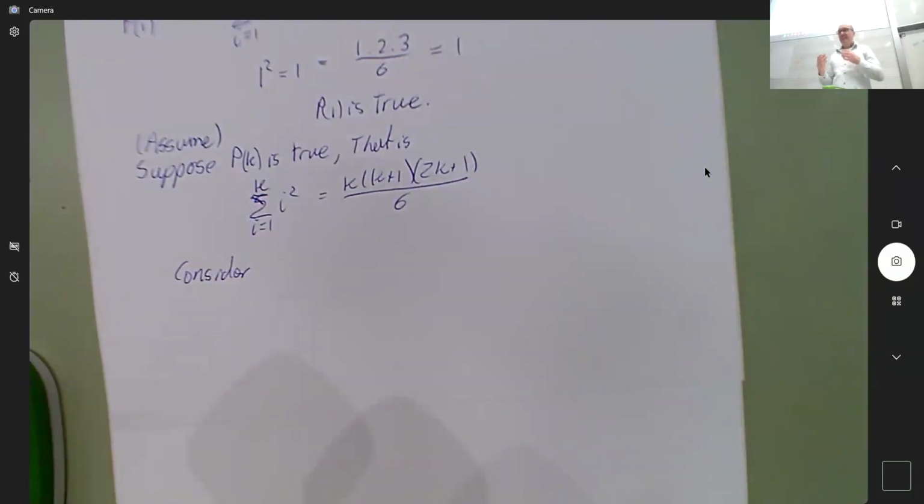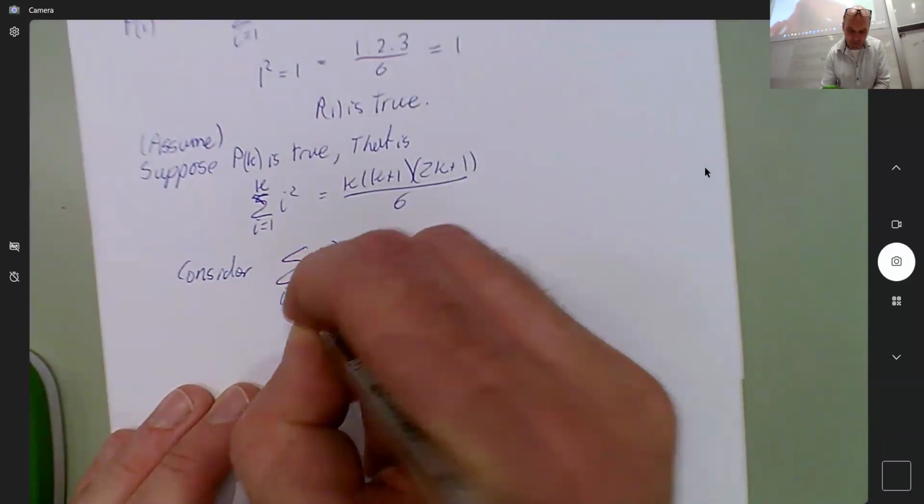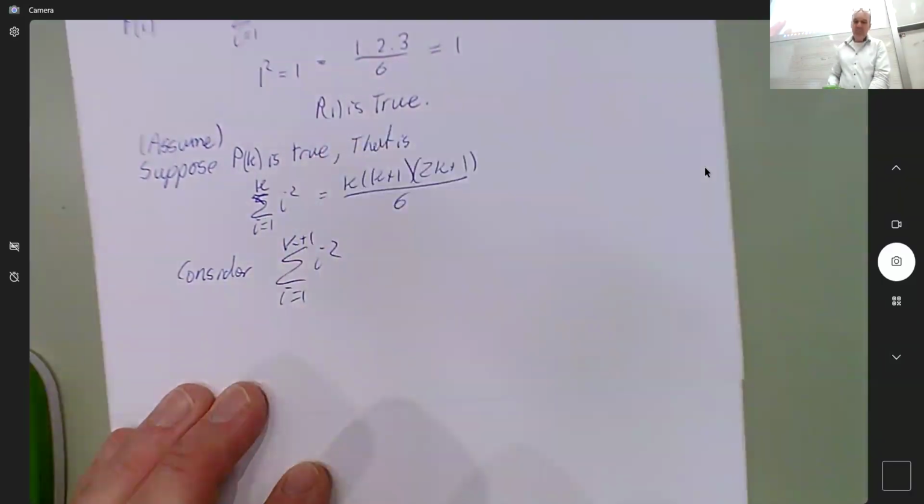Now, this is where you have to look at the thing you're being asked to do. Somehow I need to consider the next case. So I'm going to start by going sum of i squared, i equal to 1 to k plus 1.